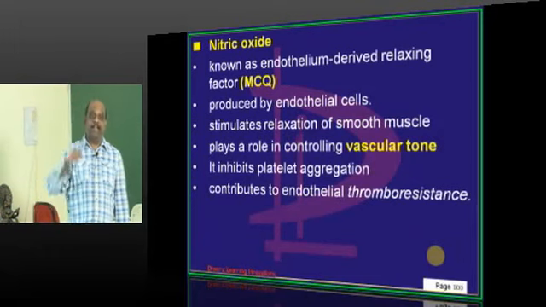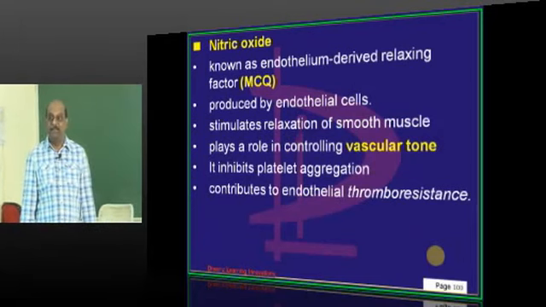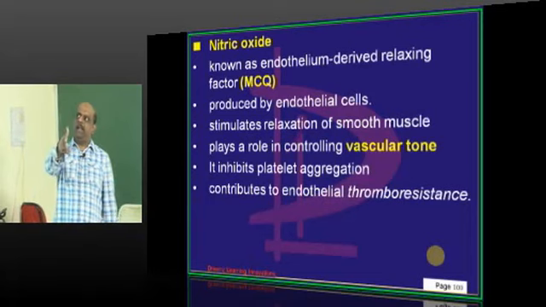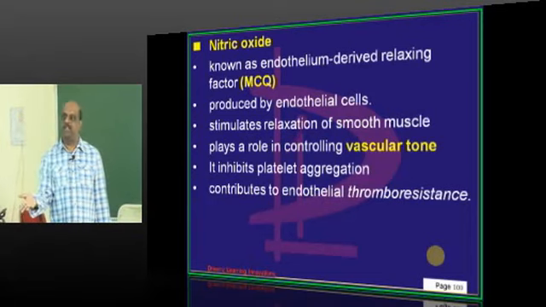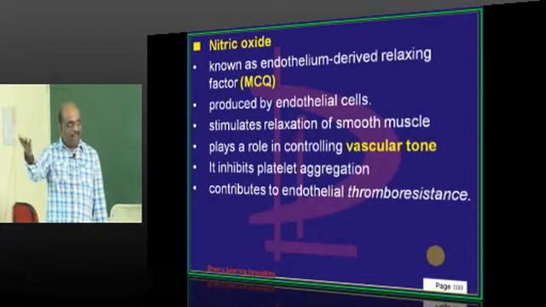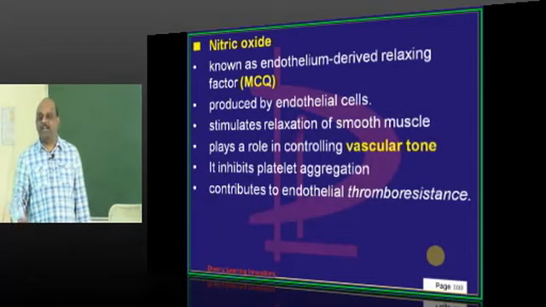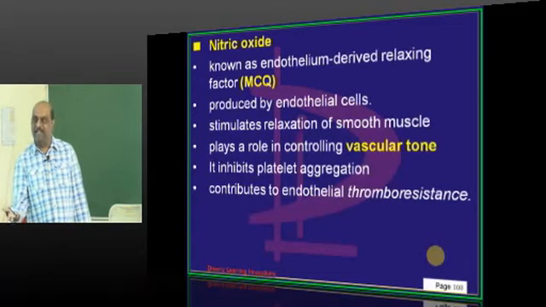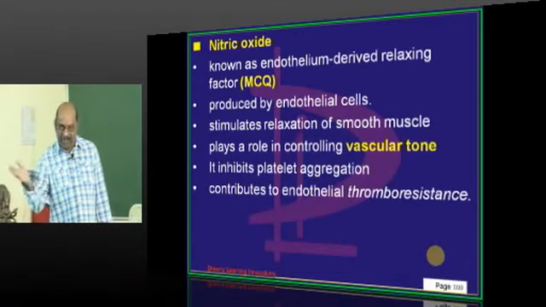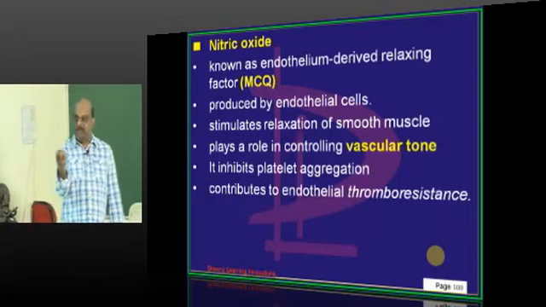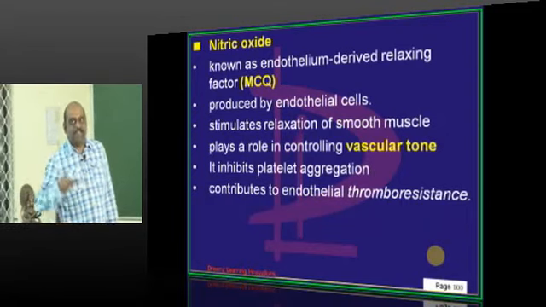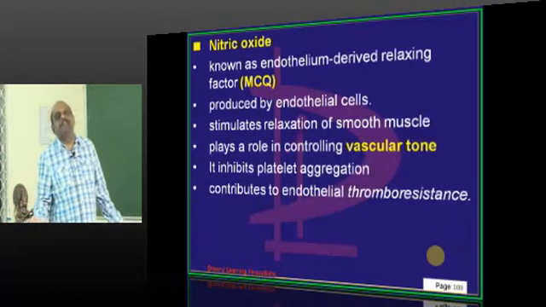Sildenafil is contraindicated if there is coronary artery disease. Suddenly, if you remember, sildenafil acts through nitric oxide, and that day, sir, you told that nitric oxide is thromboresistant in nature. So, sildenafil could be given for the thromboresistant property in coronary artery disease, means the patient will die first. So, it is contraindicated for a different reason. Why? Because of its vasodilatory nature, it decreases the preload to the heart. Already the heart is a failing heart.